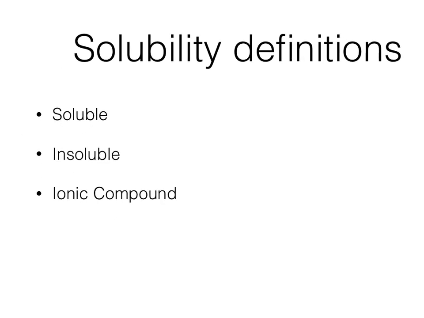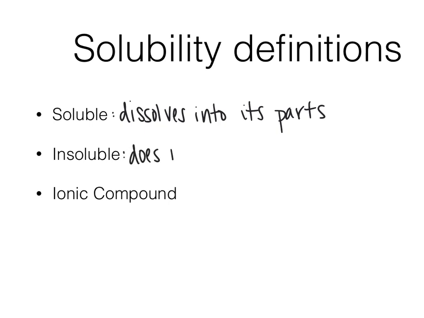So soluble means dissolves into its parts. When it goes into water, if you pour salt into water, what you'll notice is that the salt dissolves. And so that is a soluble compound. Insoluble, we're going to say does not dissolve.